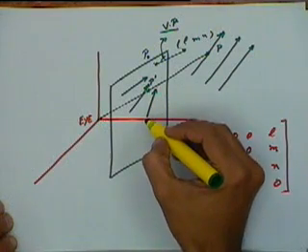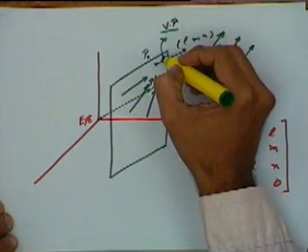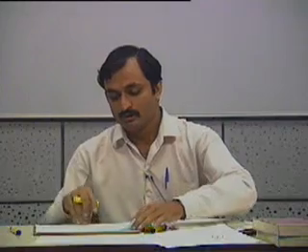Otherwise it can become very difficult to check whether lines appearing like this are actually parallel or not, unless I know that this is a vanishing point. Okay. So the question is, how do we find this vanishing point?